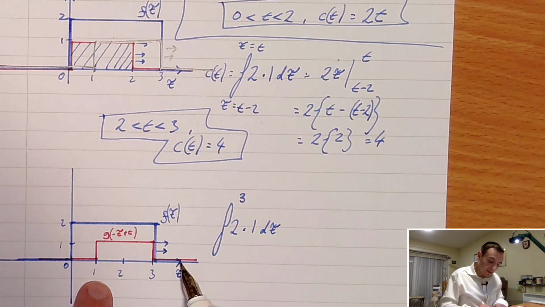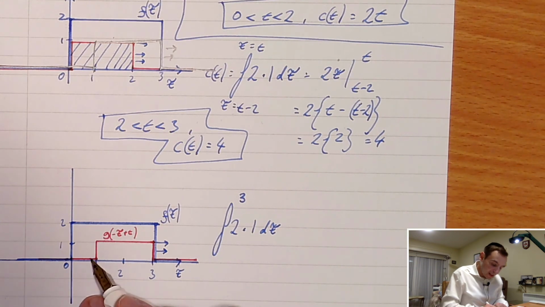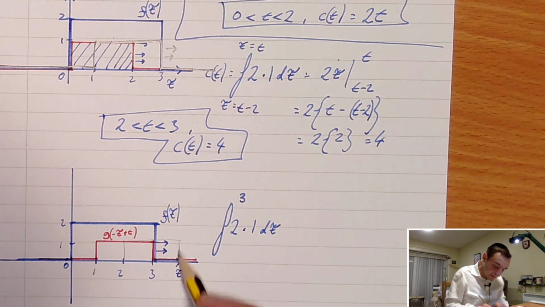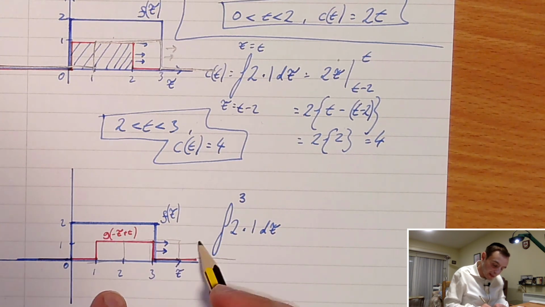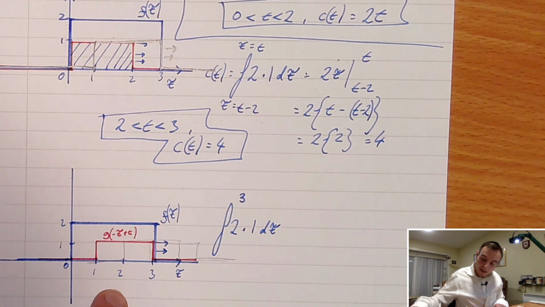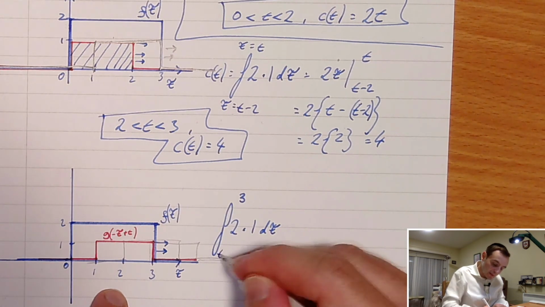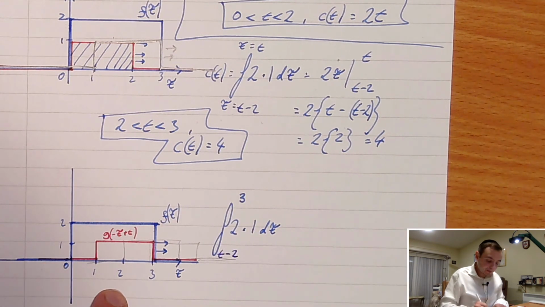When t is 4, the box is going to look like this, isn't it? So it's going to be between 3 and 2. When the box is almost out of the picture, and we're up to 5, it's going to be just before 3. So we can say that the lower limit is going to be the t value minus 2. So when t is 3, the lower limit is going to be 1.